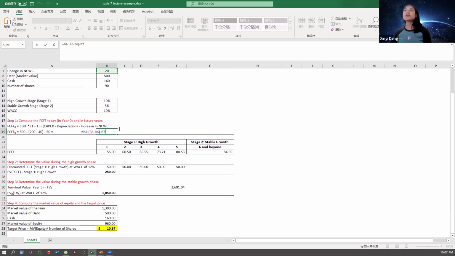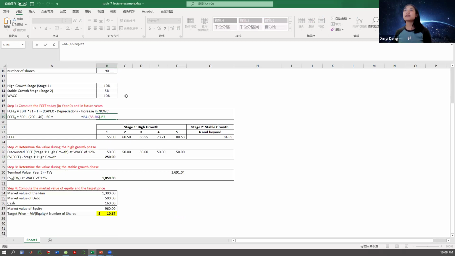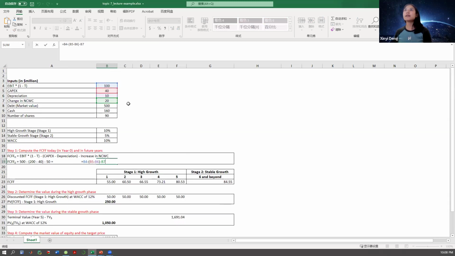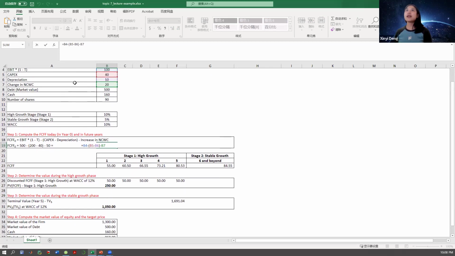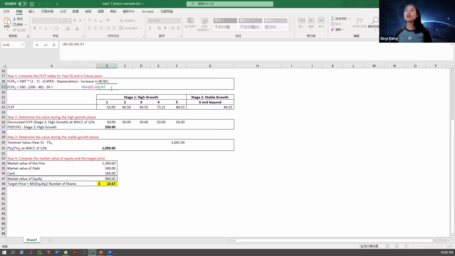So we use cell B4, the after-tax EBIT, minus the difference between cell B5 and B6, and then minus the change in non-cash working capital stated in cell B7. By inputting this formula here, we have the free cash flow to firm in year 0 being 50.